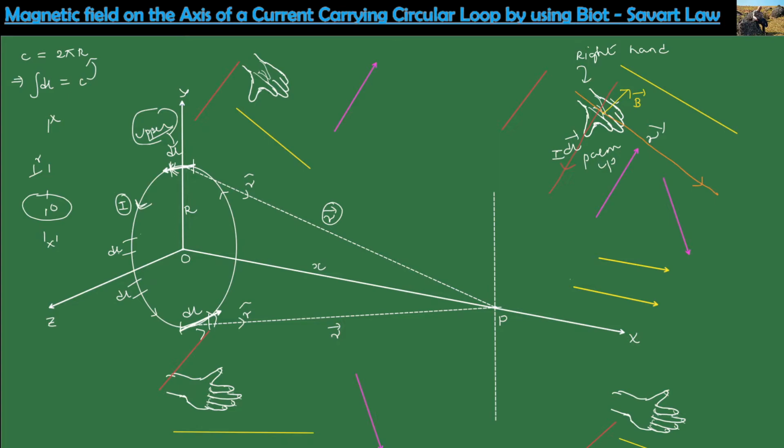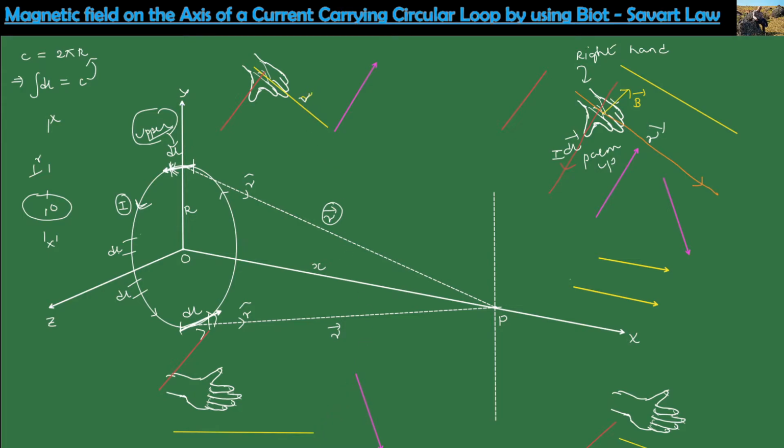So let us again rephrase that sentence. From here I will take this vector and let this vector be our IDL vector, and this yellow line will represent our radius vector.